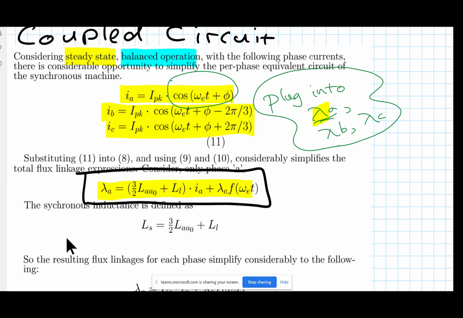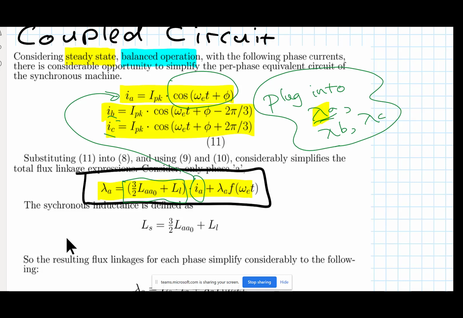Now if you think about this expression, it has two pieces to it. It has this constant inductance, which doesn't have any dependency on time, times the time-dependent current. So this IA is that IA right there. Notice that these other IB and IC are just different by 120 degrees.